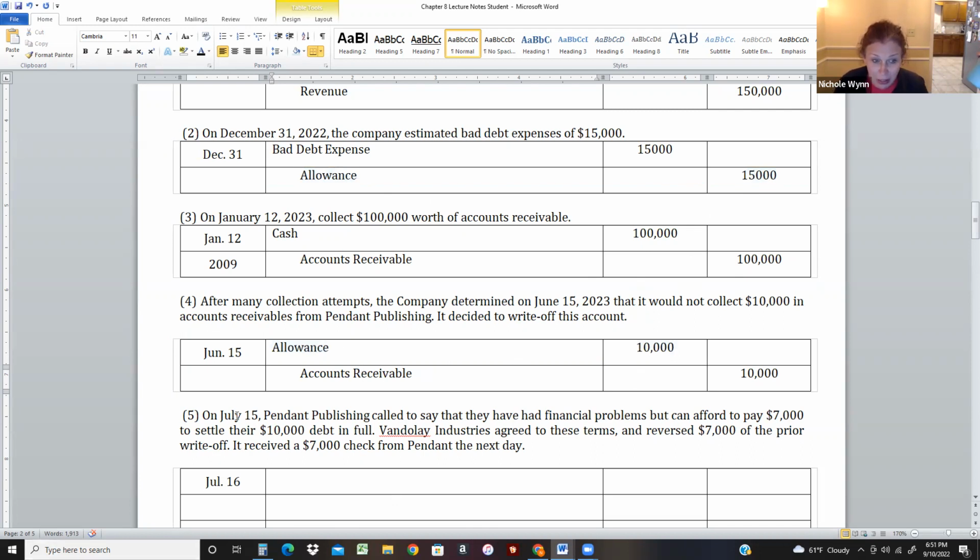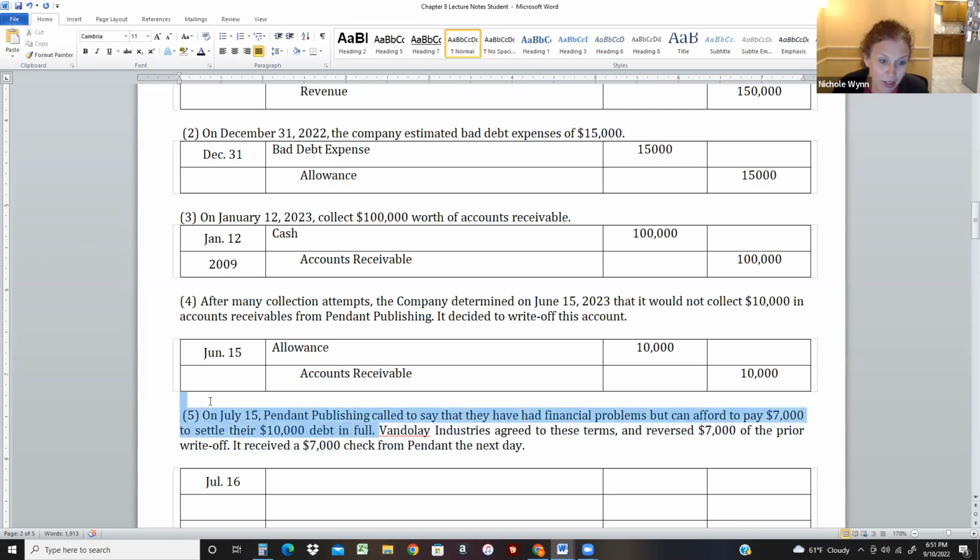So on July 15th, a month later, they called us and they were like, I'm having financial problems, but I can pay $7,000 to settle my $10,000 debt in full. And we agreed. So we reversed the $7,000 and then we receive a $7,000 check from Pindit the next day. So when they call us and they're like, hey, we're having trouble paying our bills, we're like, we know, because we've experienced this situation with you.